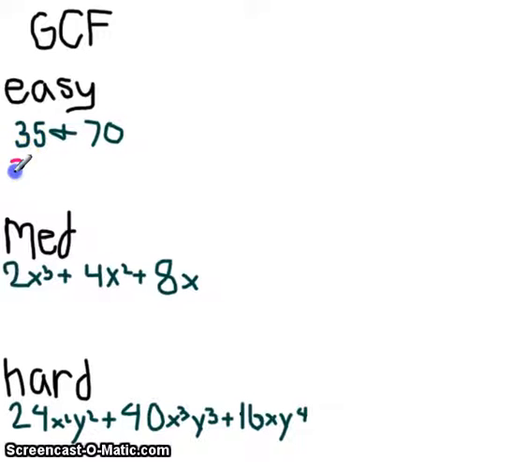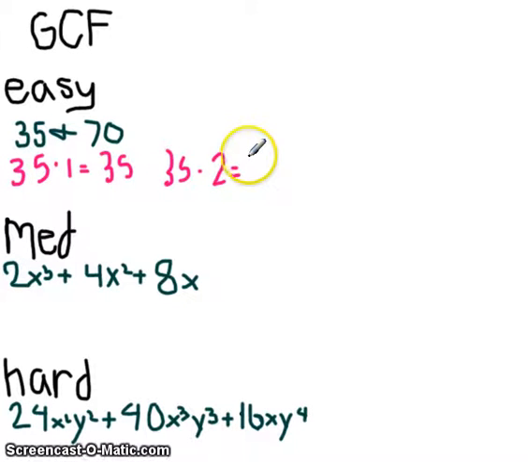And it just so happens that 35 times 1 equals 35, and 35 times 2 just so happens to equal 70. So the GCF is going to be 35.